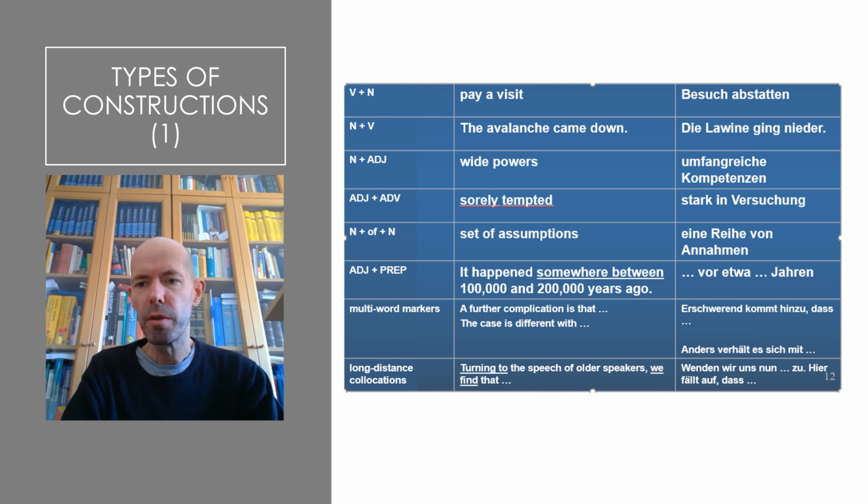And then you want to say something you found out about the speech of older speakers, and you typically use a phrase like "we find that," or "we note that," or "we found that," "we noted that," or "it was found that," and so on, which in German corresponds to "wenn wir uns nun blah blah blah zu." That's the topic change, and hier fällt auf das is giving evidence.